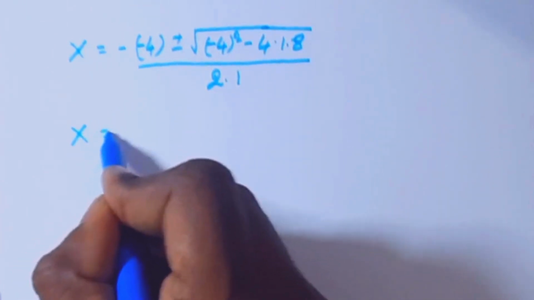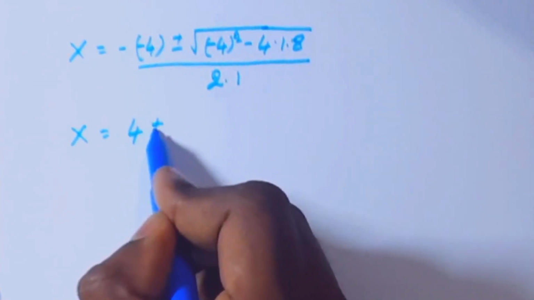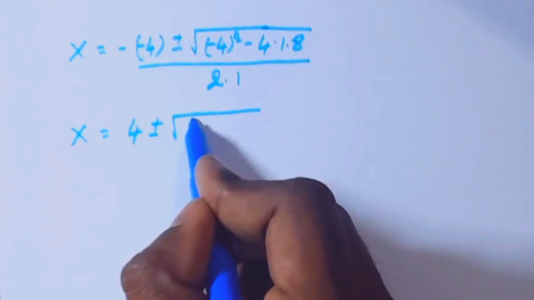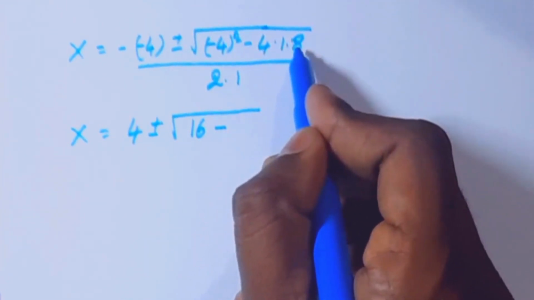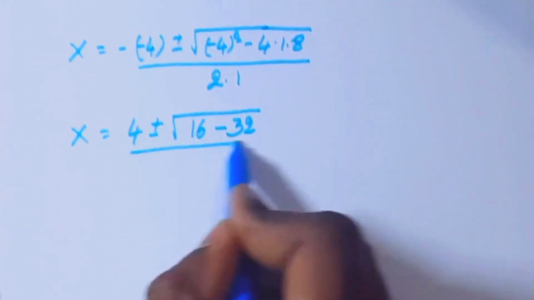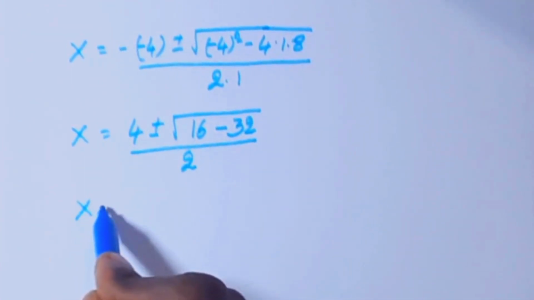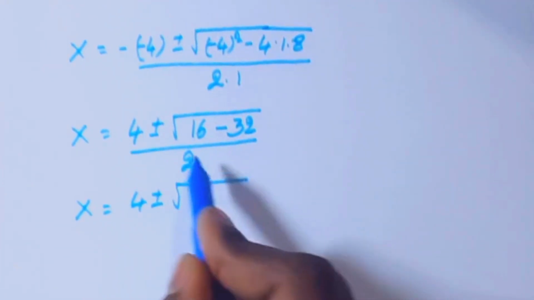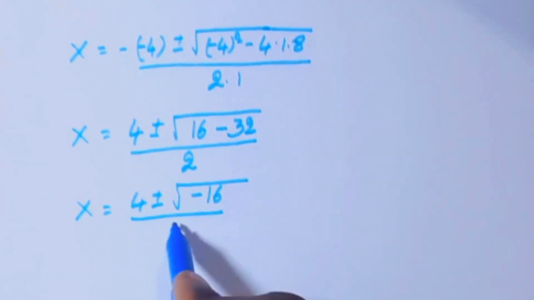Now x equal to, minus into minus is plus, so 4 plus or minus square root of (minus 4) square is plus 16 minus 4 times 8 is 32, by 2 times 1 is 2. Now x equal to 4 plus or minus square root of 16 minus 32 is minus 16, by 2.